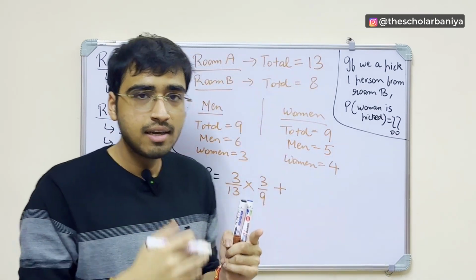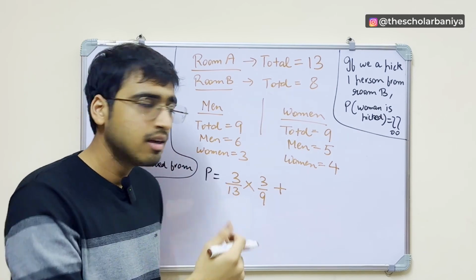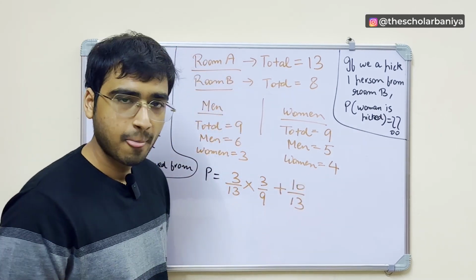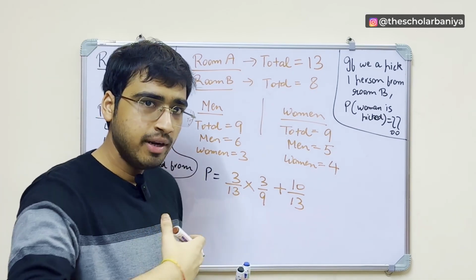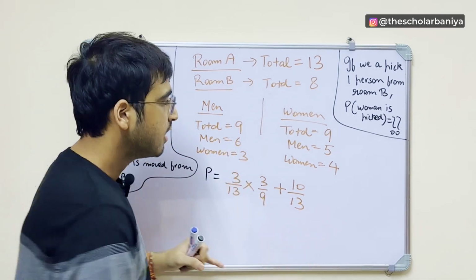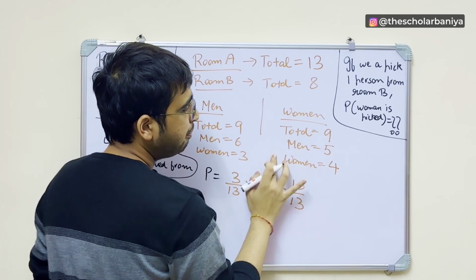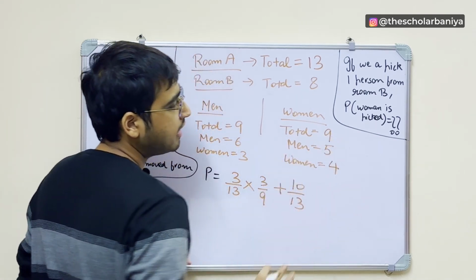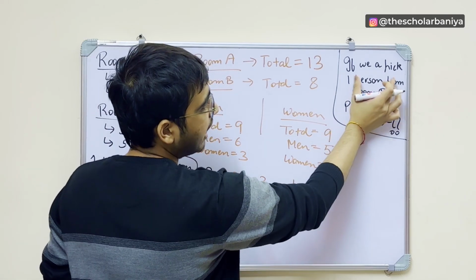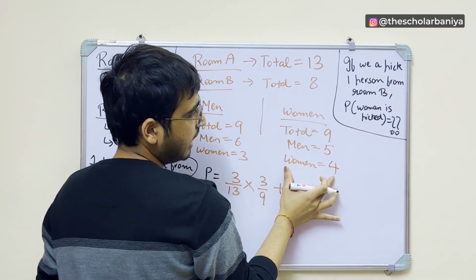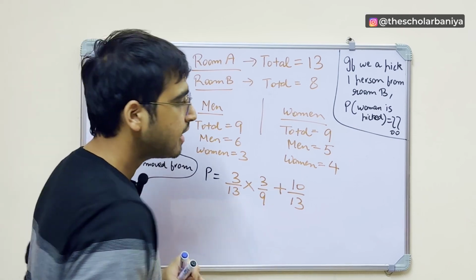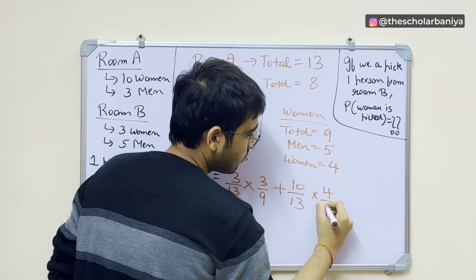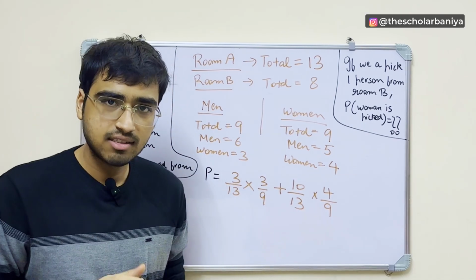Now that we have transferred a woman, room B has 4 women, 5 men and a total of 9 people. Now we pick a person from room B. What is the probability a woman is picked? The probability will be 4 upon 9. I hope this makes pretty good sense.